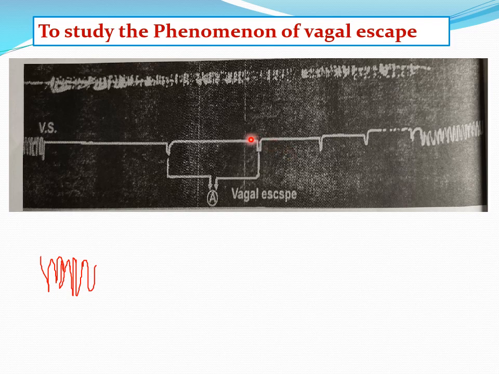That's why, even if we continue the stimulation of the vagus nerve, in the ventricle of the human being the Purkinje fibers start generating the impulses, and in the frog's heart the ventricular muscle itself produces the impulses and leads to the contraction of the heart. That is called the idioventricular rhythm.